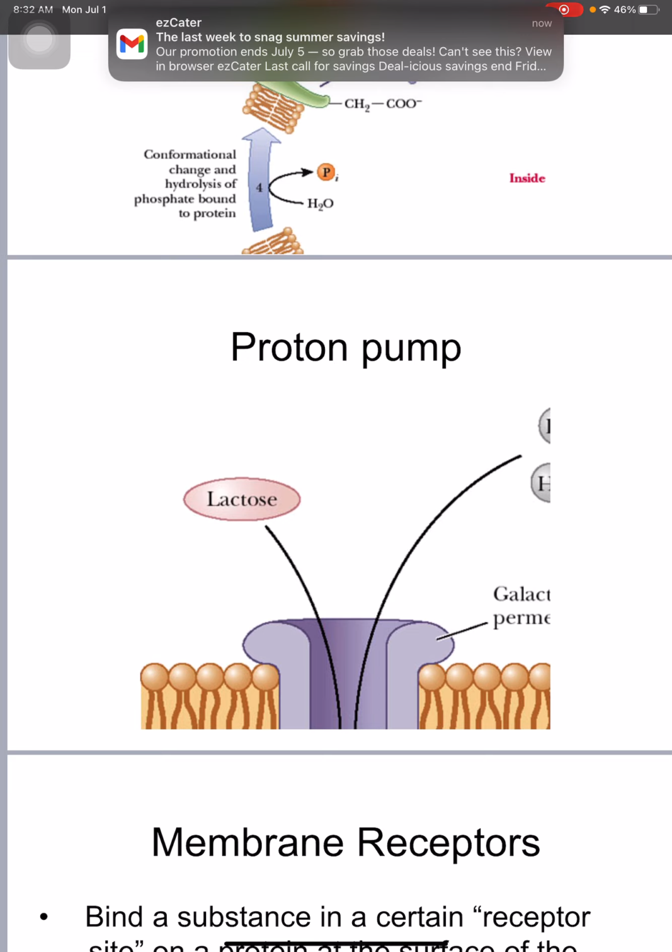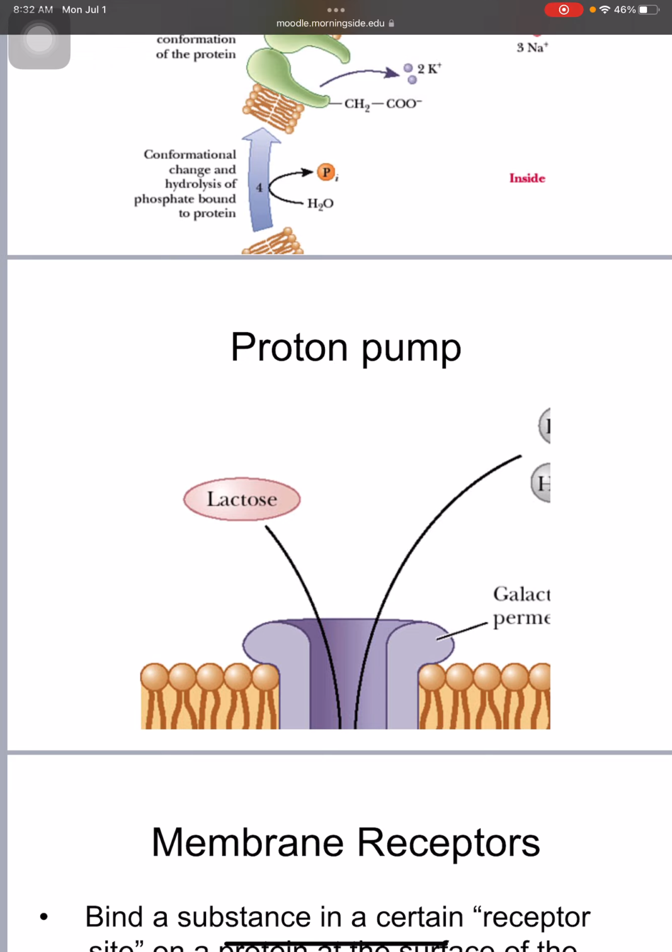How those are set up depends on the situation. There's actually lots of different ways these are set up, but it gives you a mechanism for reforming this positive gradient that allows, in this case, lactose to hitch a ride. Yeah. So again, it's all about hijacking energy sources from somewhere else.